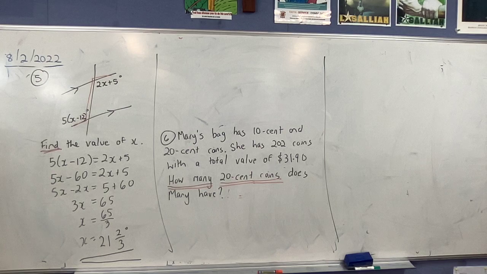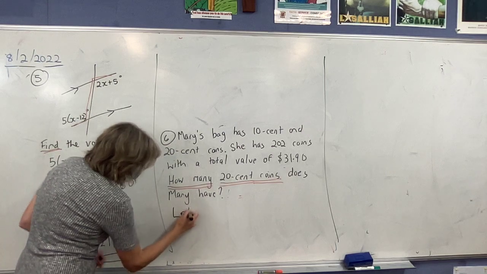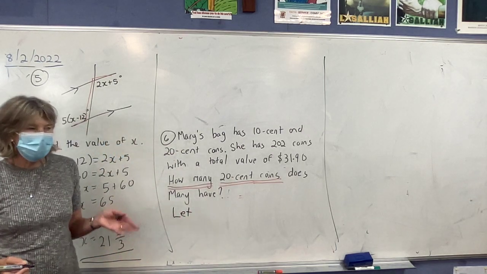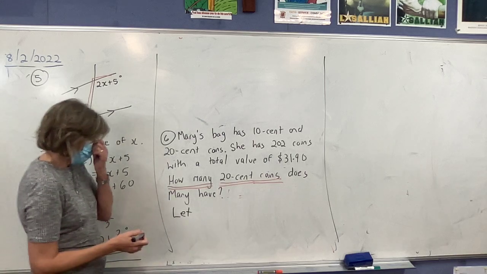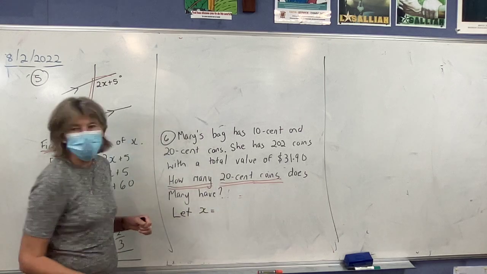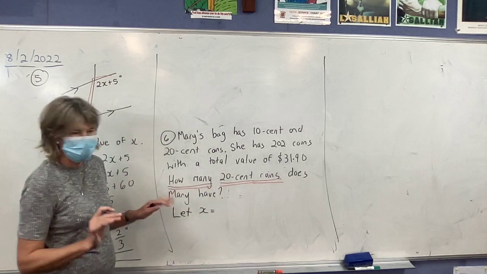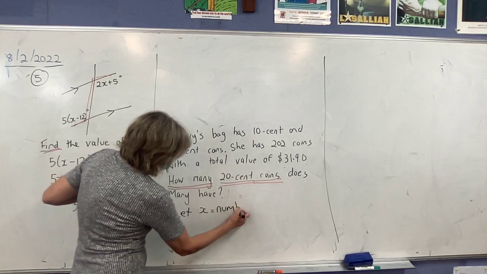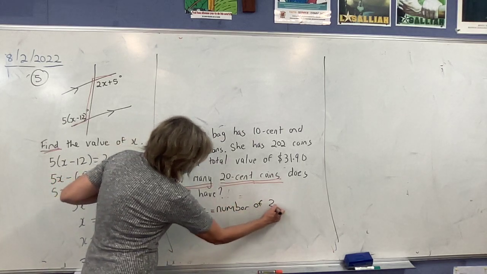And those two bits of information give you two equations. So I'm just going to write a let statement here because we don't really want to know how many 10-cent coins, we just want to know how many 20s. So let x equal the number of 20-cent coins.